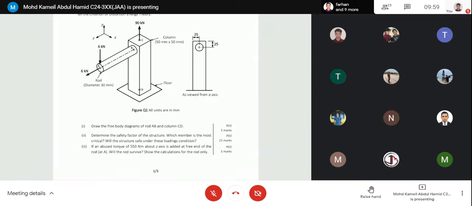Okay, make sure try tengok boleh faham tak? Okay, kalau sangkut, please dapatkan bantuan. Boleh Haris?